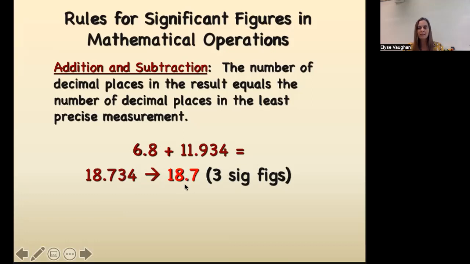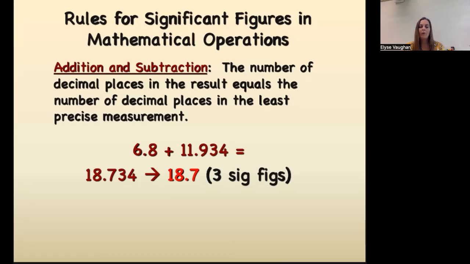If we go back to thinking about what these tell us, if I am saying that I've added 6.8 milliliters of water to 11.934 milliliters of acid, I can only be sure of the 6.8, not 6.80 or 6.800.